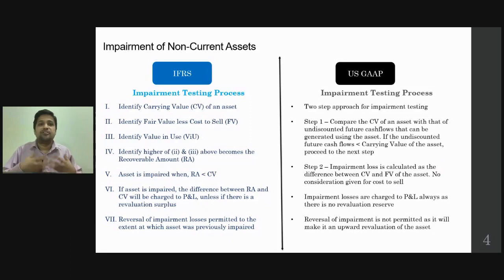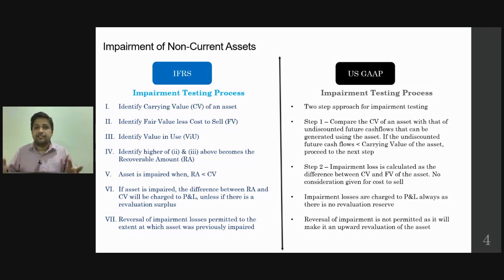It's getting a little bit more technical as we talk about impairment of non-current assets. Remember, the impairment testing methodology is quite different in US GAAP and IFRS. And this is a very relevant topic today, as due to COVID-19, many organizations are performing impairment testing and writing off a significant amount of assets from their balance sheet.